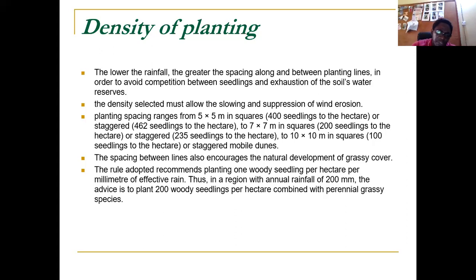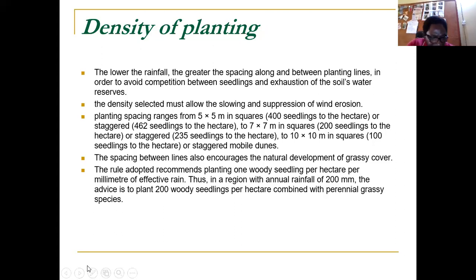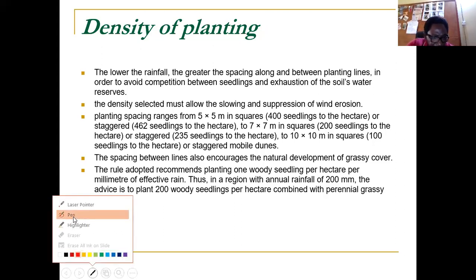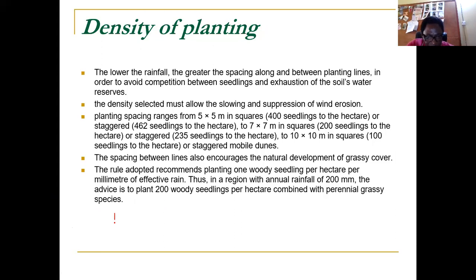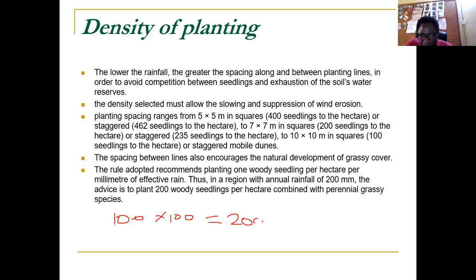To calculate the spacing, let me just see if I can quickly do that here. Can you see my pen? You know that a hectare is 100 meters by 100 meters. I hope you all know that. And then you want to plant 200 seedlings because you get 200 millimeters of rainfall per annum in that area.